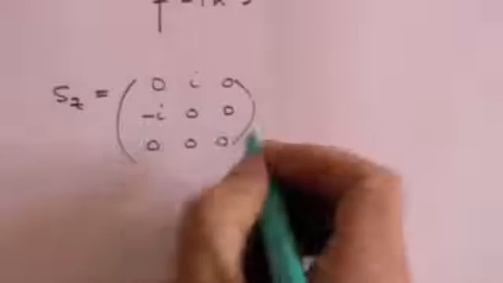So we're going to need spin operators, which are the measurables, and we're going to need eigenvectors, which will deliver us eigenvalues of plus 1, 0 and minus 1 to represent the 3 possible spin states of a boson, which is of spin 1. And I can tell you that you can't do that with a 2x2 matrix. So the spin state for a boson along the z-axis turns out to be 0, i, 0, minus i, 0, 0, 0, 0, 0.